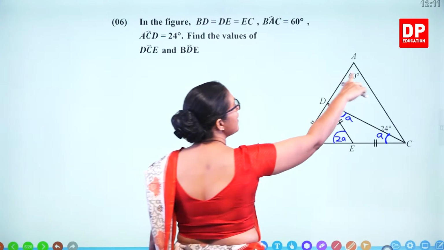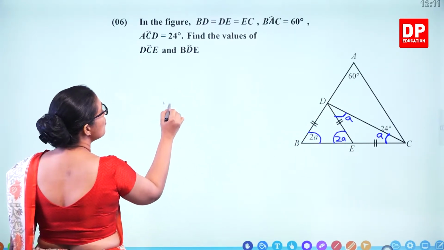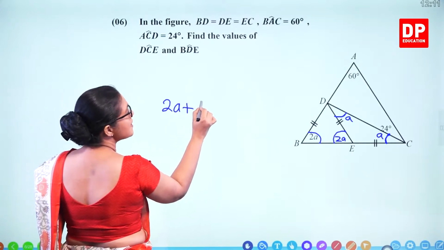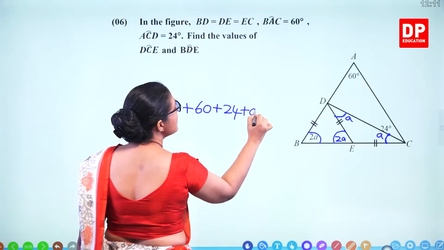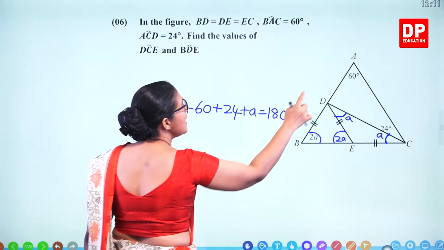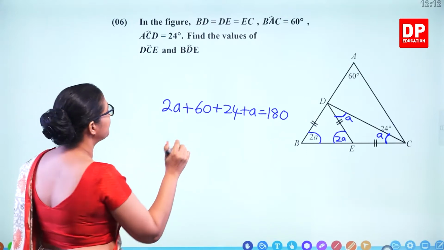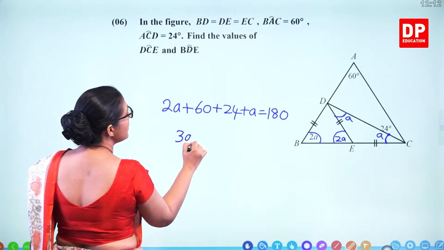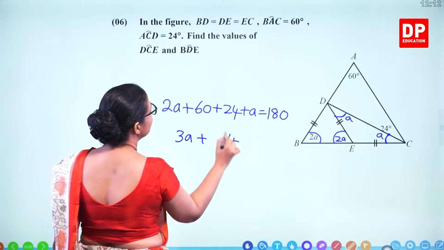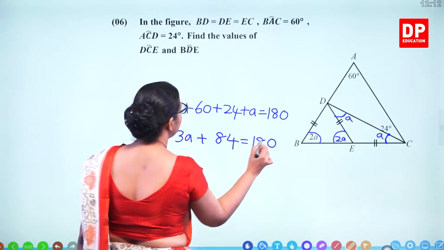Then you can construct an equation and find A. 2A plus 60 plus 24 plus A is equal to 180. That's the sum of angles in ABC triangle. So 2A and A, you get 3A plus 84 is 180.